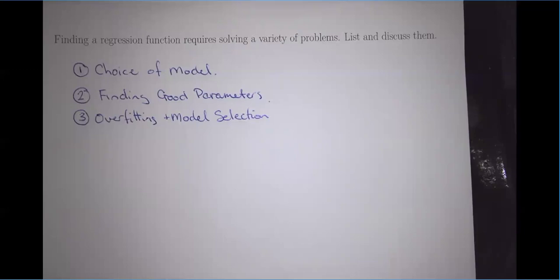What results here is that the model performs well on the training data and poorly on any unseen data. So essentially the problem with overfitting is that we've selected a model that's too complex, and that leads to high variance.